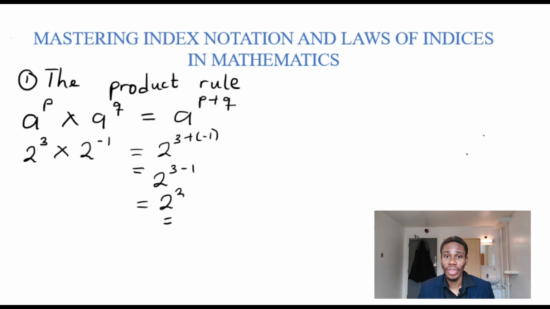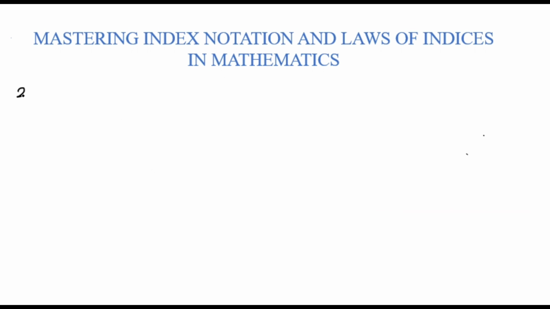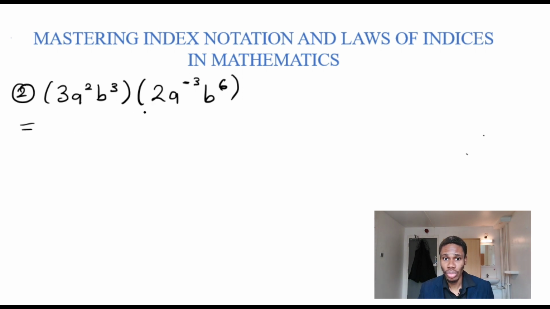Let's solve a second example. Example 2. We have 3a squared b cubed multiplying 2a to the power minus 3, b to the power 6. We have two constants, which is 3 and 2.